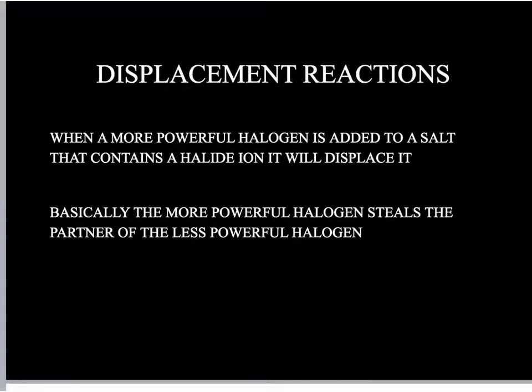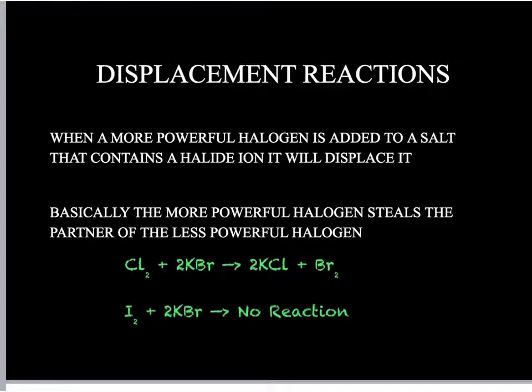For example, if we add chlorine gas to a solution of potassium bromide, chlorine is more powerful, more reactive than bromine, therefore it is able to steal the potassium, forming potassium chloride and bromine. However, if we were to add iodine to a solution of potassium bromide, then iodine is not powerful enough to steal the potassium, so there would be no reaction.